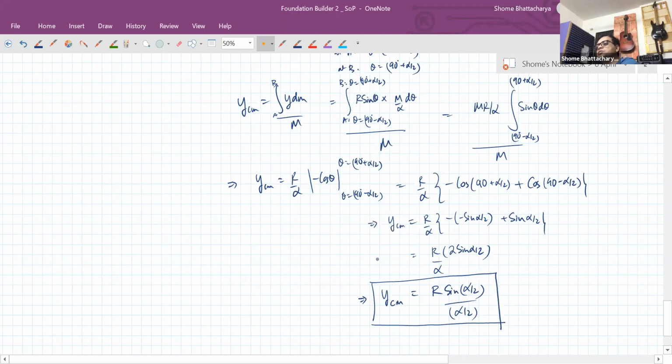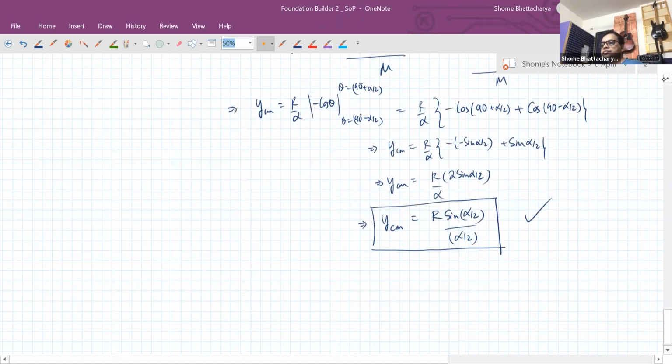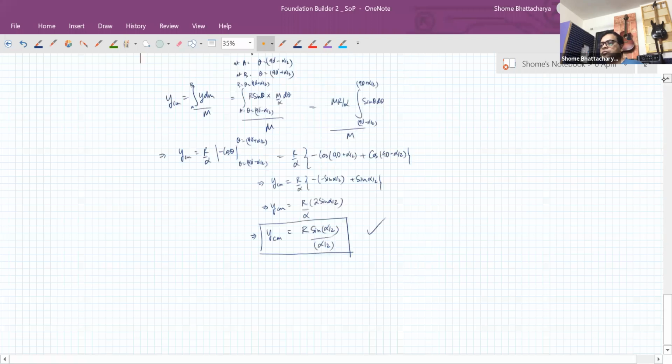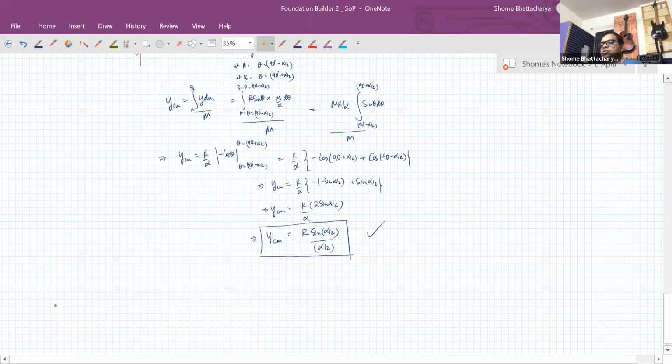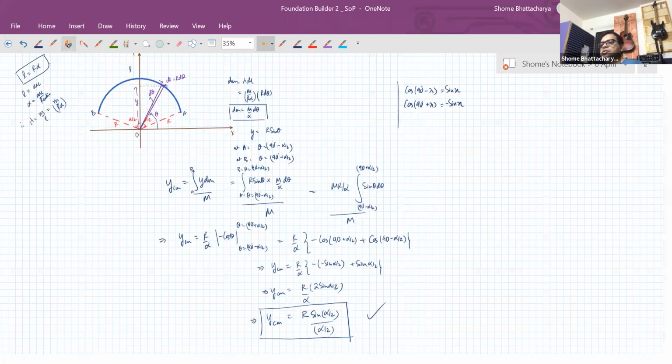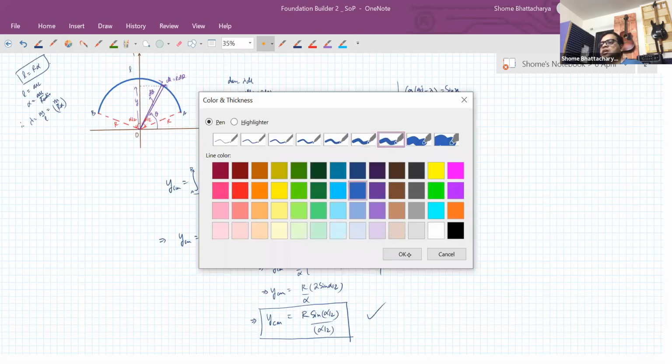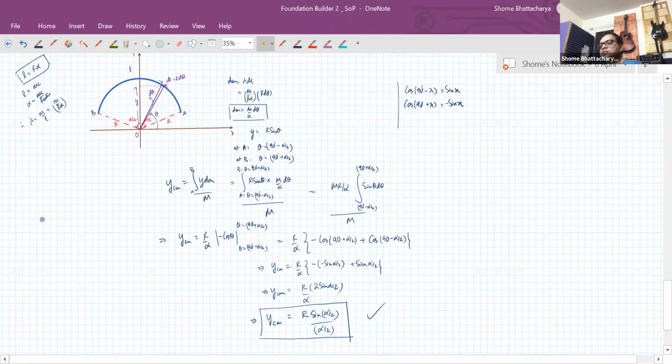I'll give you a shortcut trick to remember this formula also. So once again, if this is our arc, some arbitrary angle, and this is where the center of curvature is, this is where the center of mass is.